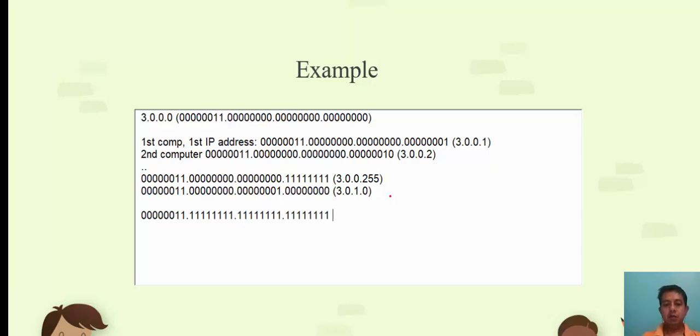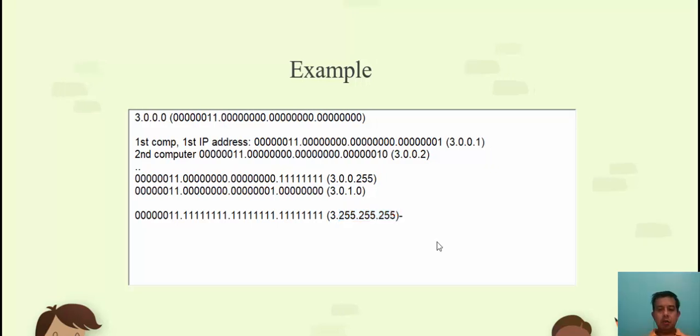This address is 3.255.255.255. Now, let me repeat this once again. Any IP address where all the host bits are set to 1 cannot be used for an individual node. This particular IP address is known as a broadcast address.